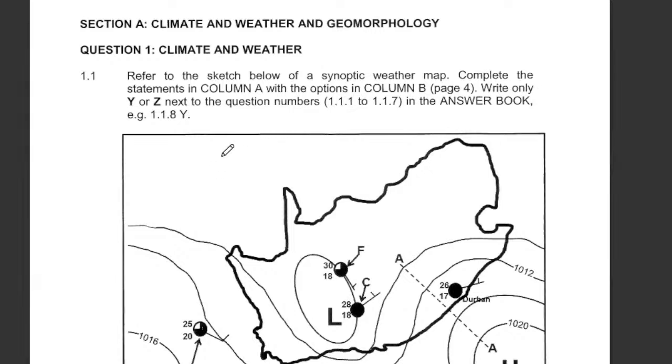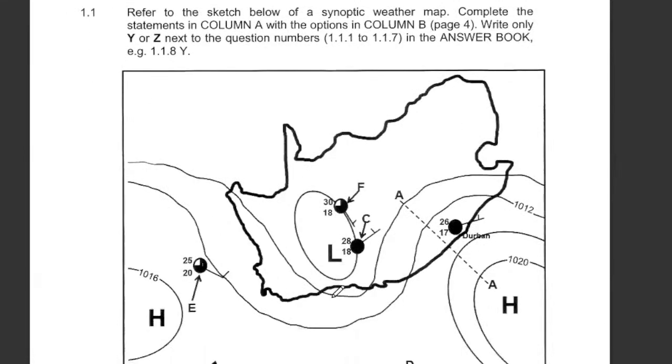It's about climate and weather. And under that line, we are given a synoptic weather map. Therefore, we need to analyze it before we look at the questions. Okay. This is a map of South Africa that has got a low pressure in the interior, which we know as the thermal low.